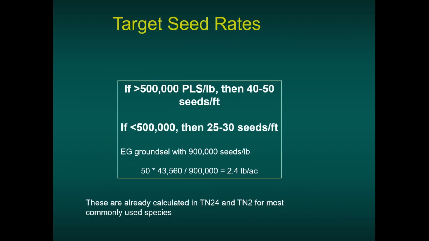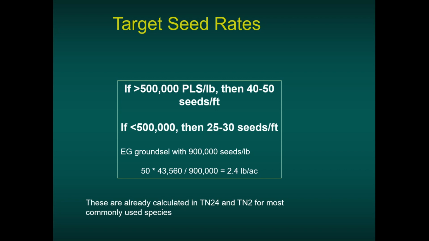NRCS Idaho has developed its target seed rates based on these equations here. So if it's what we would consider a small seeded species, meaning there's more than 500,000 seeds per pound, then we recommend 40 to 50 seeds per foot get seeded.